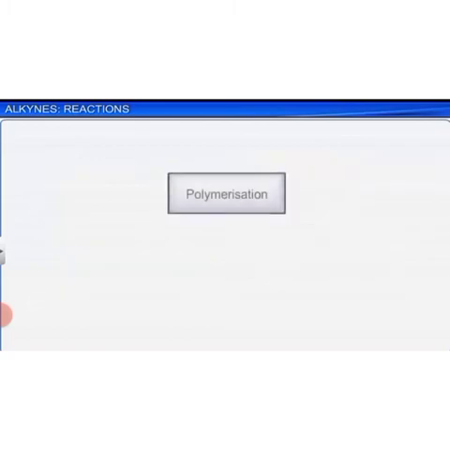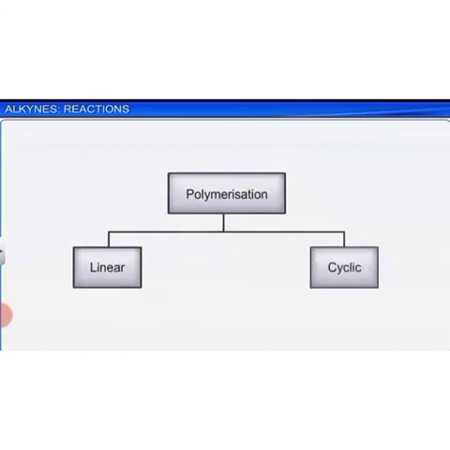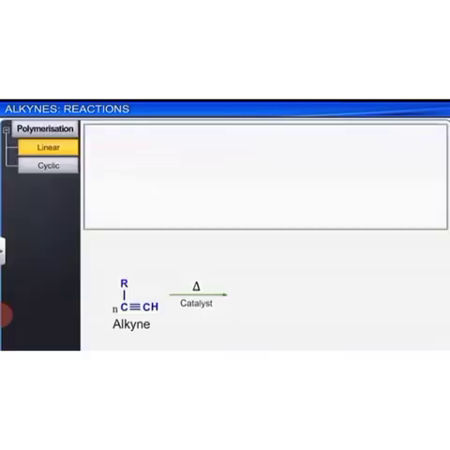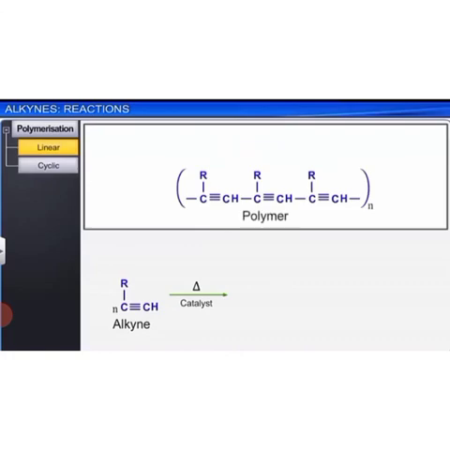Polymerization is of two types: linear polymerization and cyclic polymerization. When heated in the presence of a catalyst, alkynes undergo polymerization. In linear polymerization, the alkyne molecules form a long-chain polymer.